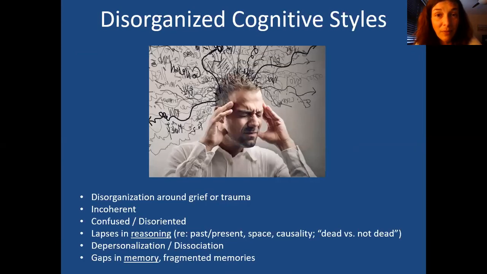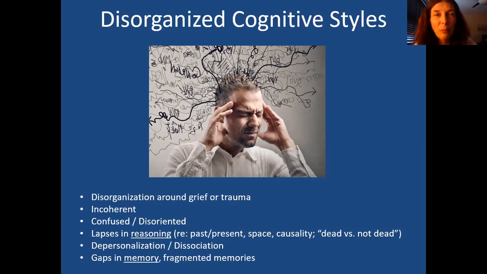Cognitive styles. As you could tell, it's very hard to think clearly when all this stuff is going on, when you're very emotionally dysregulated, okay? So when things are coming up, when you bring up your past or something triggers you, your thoughts might get a little bit more scrambled. It might be harder to focus, harder to have very linear, clear thinking that other people can follow.